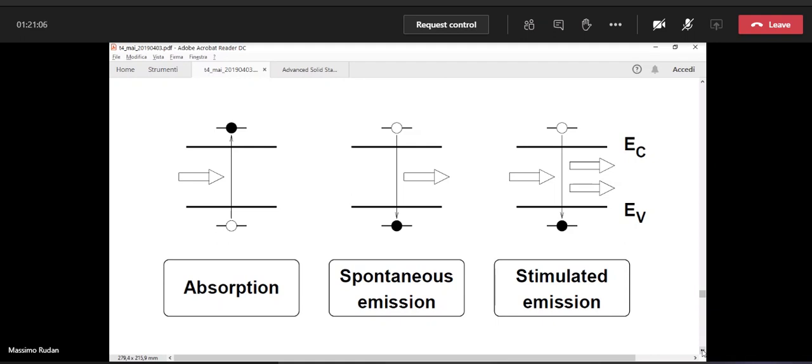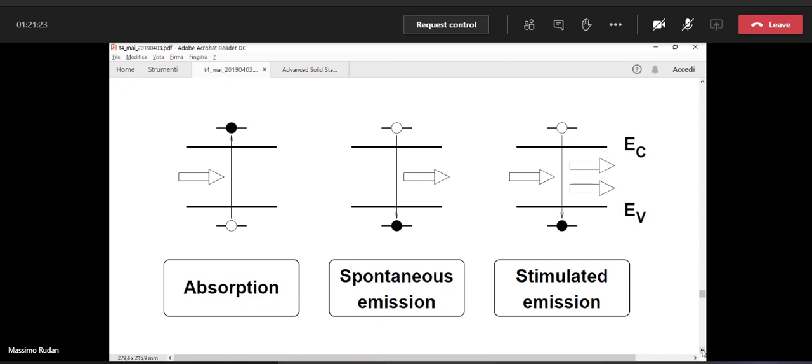In a semiconductor, when we consider the valence and conduction bands, you remember that we already analyzed the optical absorption, okay?